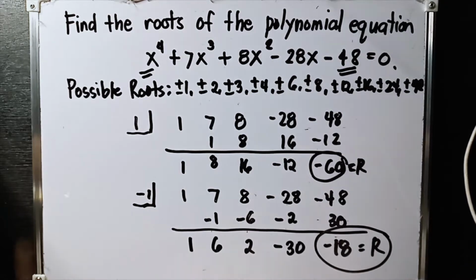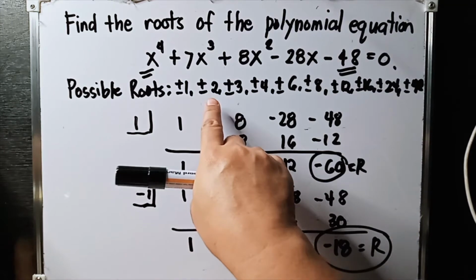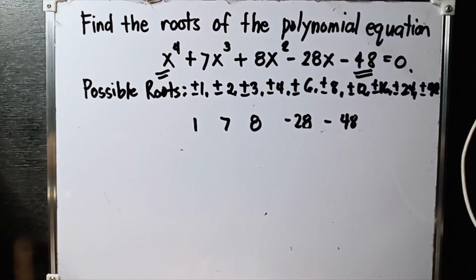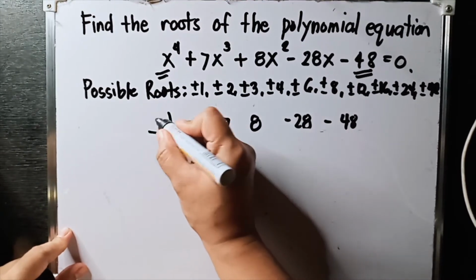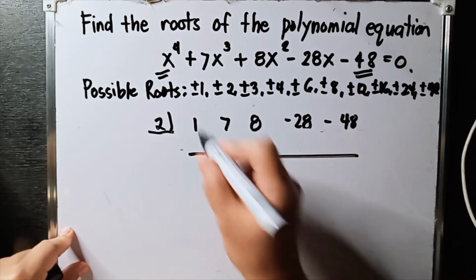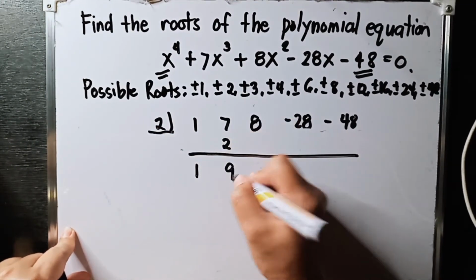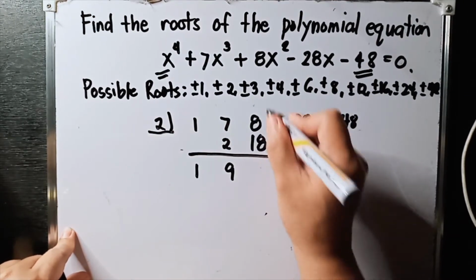So we then want to try positive 2. Let's now try if positive 2 is a root. Again, we bring down 1. 1 times 2 is 2. We add, we have 9. 9 times 2 is 18.